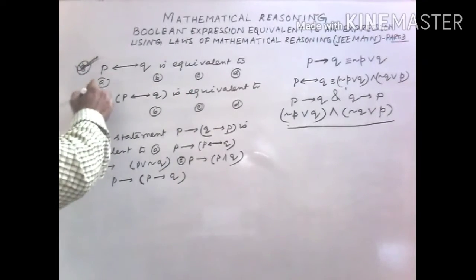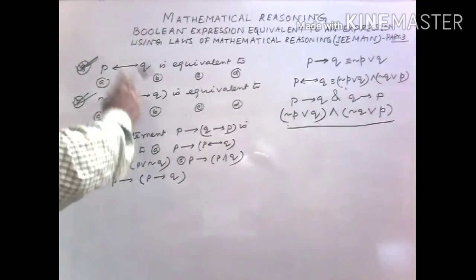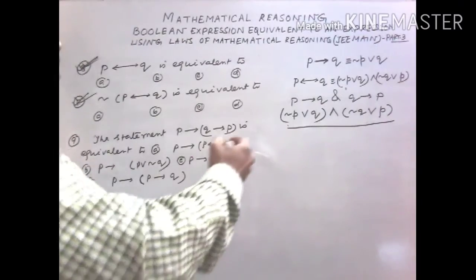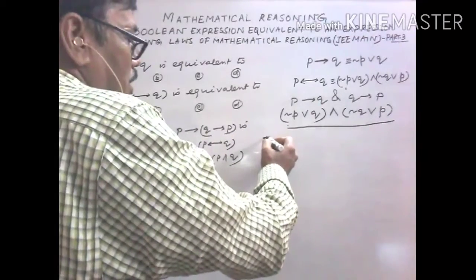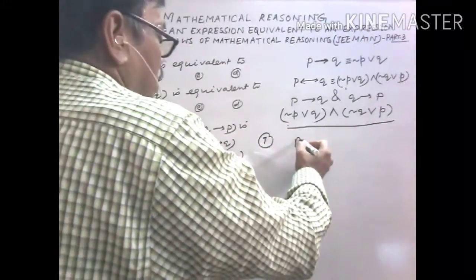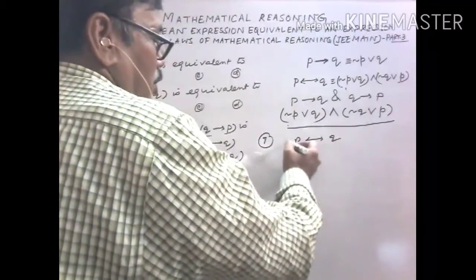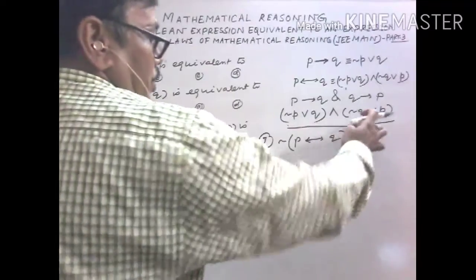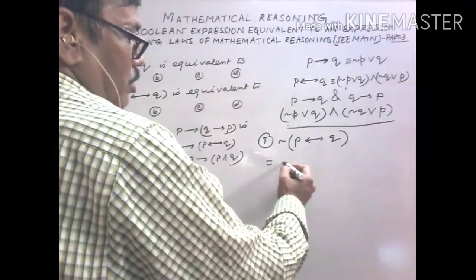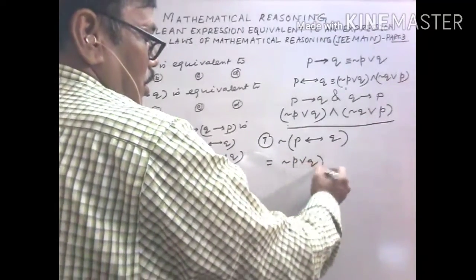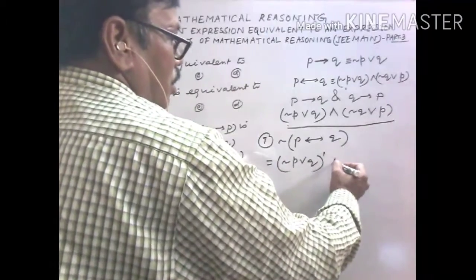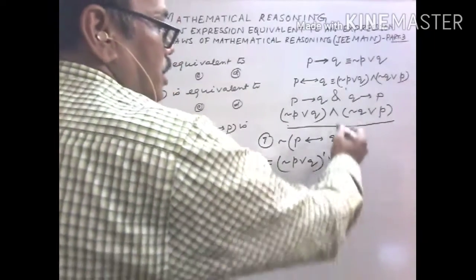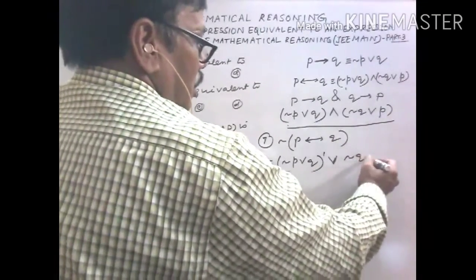Now 7. 7 is the same, only taking negation. This is P double arrow Q, biconditional Q, then negation. So negation of this, from De Morgan's law, this negation will be disjunction or union.